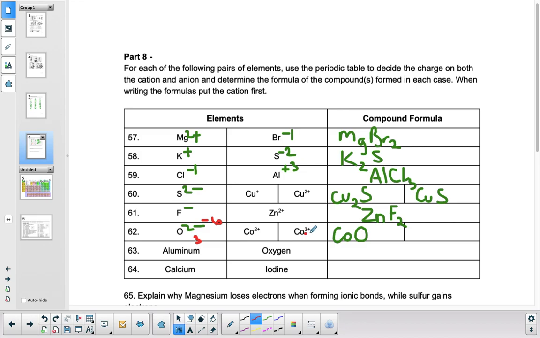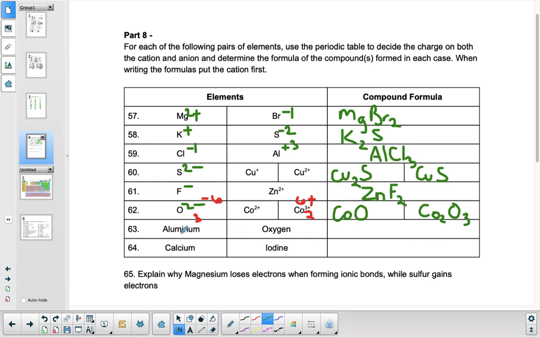And then we're going to do 2 cobalt. 2 times +3 makes a +6. So those are going to cancel out. So I would write Co, cation first, 2 O3. Now that's a neutral compound.